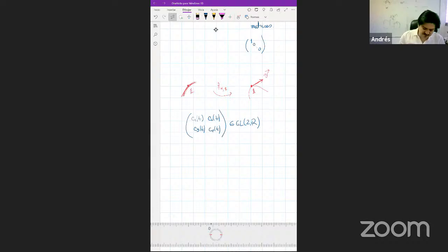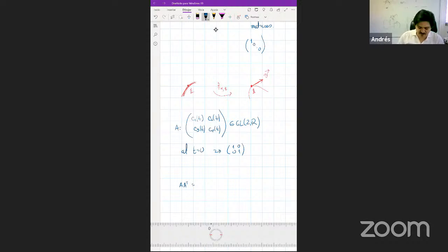So at 0, I have the identity matrix. And then I have to multiply this, right?